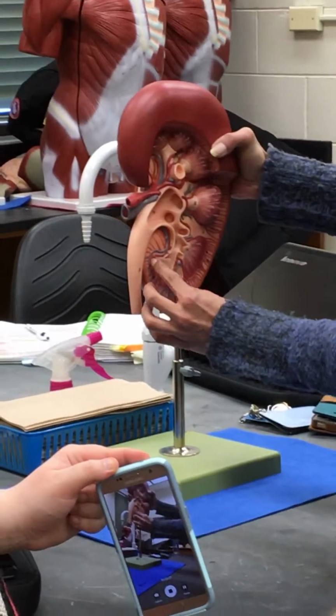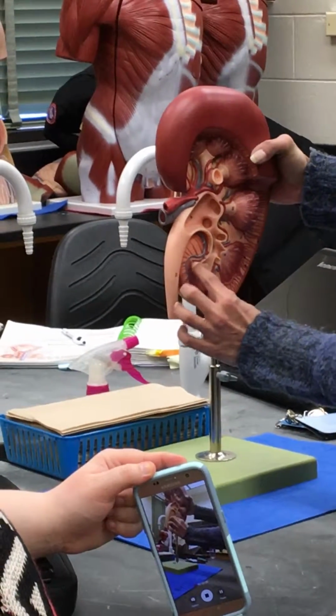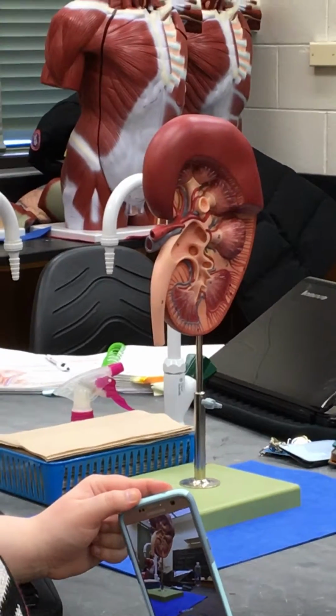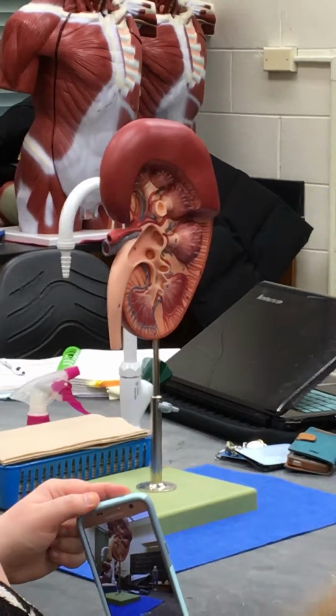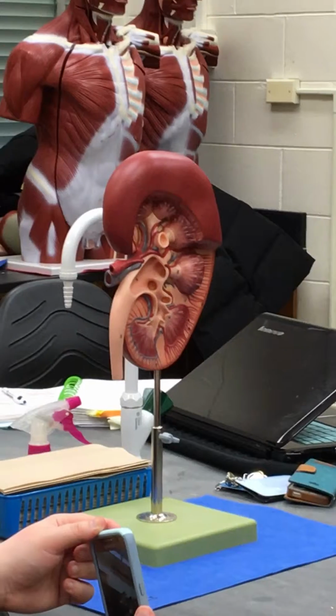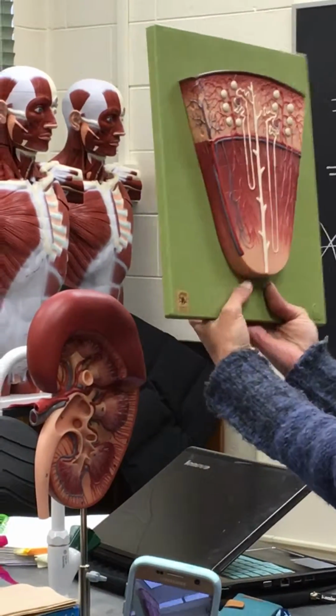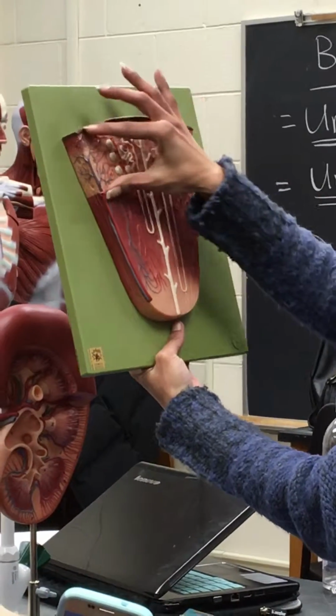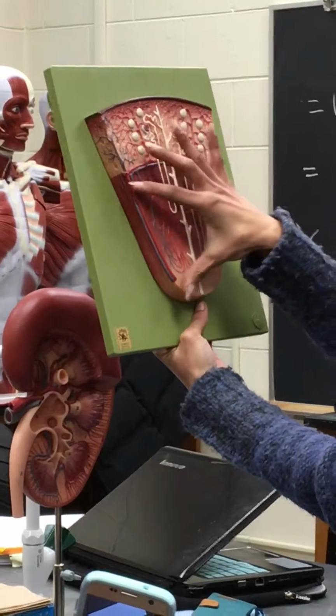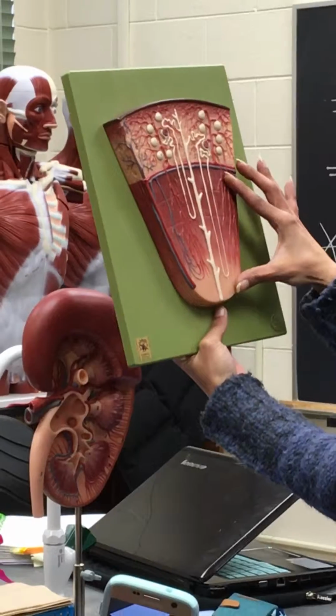Now let's take one lobe and blow it up, and we get this model right here. So this is one lobe of the kidney. Renal cortex, renal medulla.